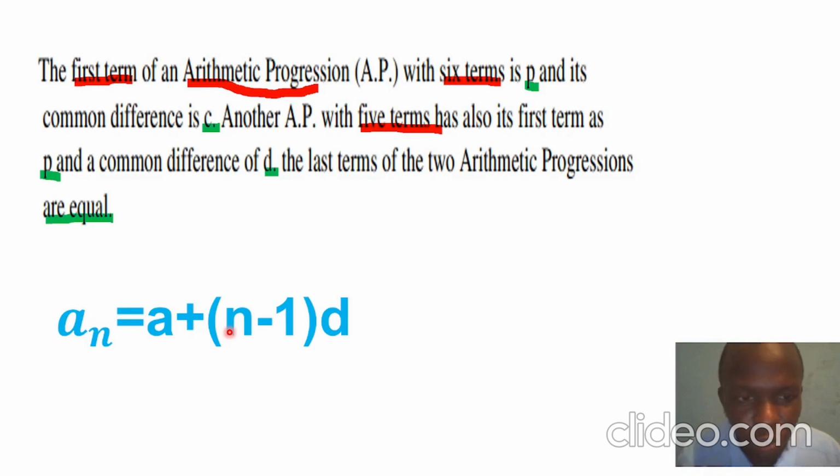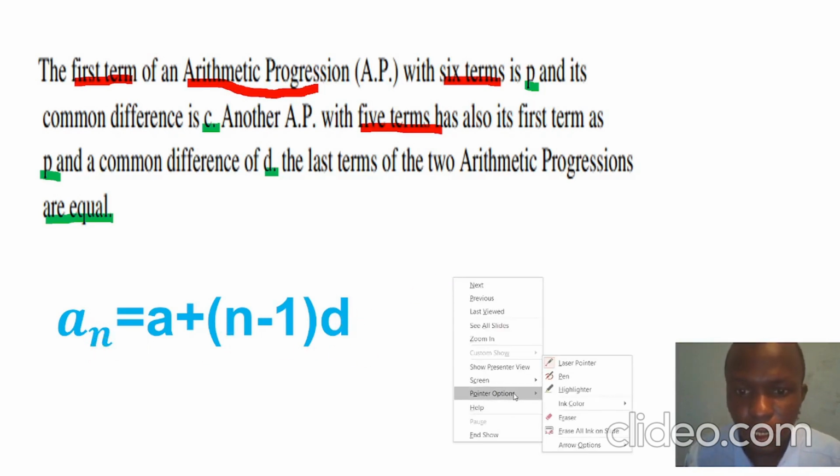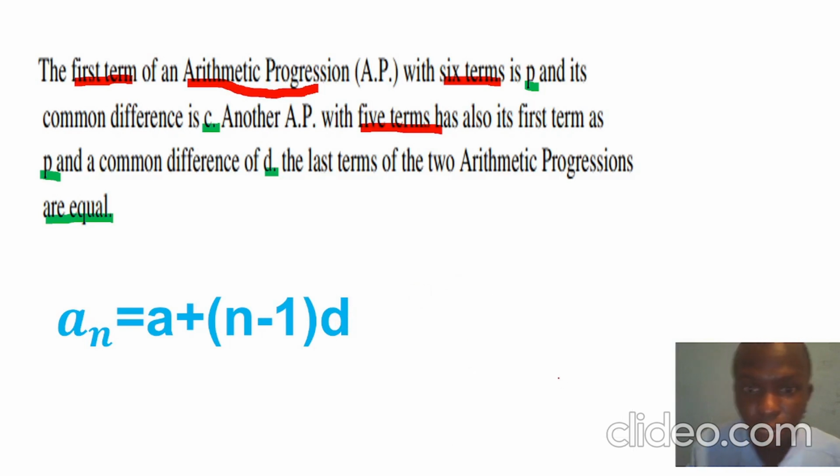And how are we going to think about it? Let us think together. If we want the nth term, let's say we want to look at the first AP.